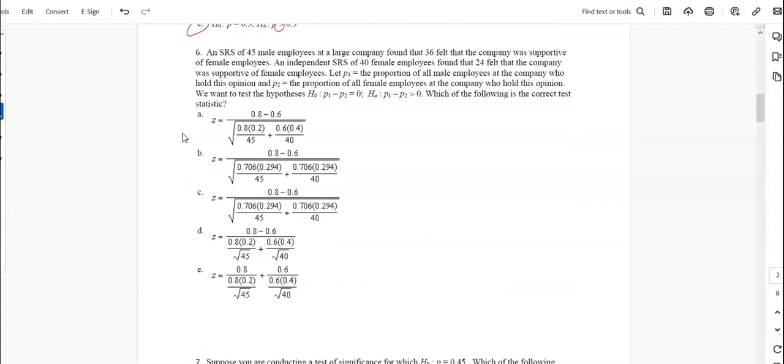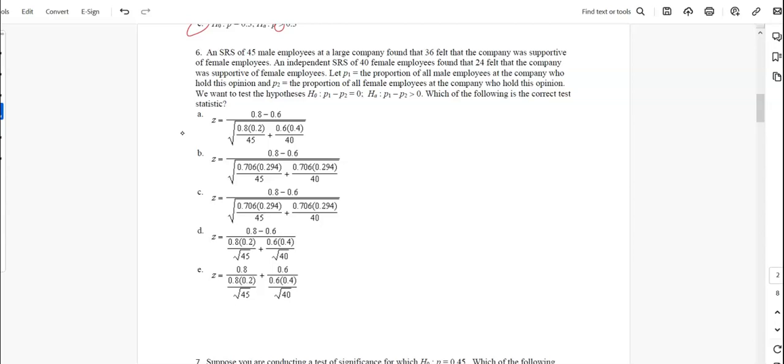Yeah, okay. A simple random sample of 45 male employees at a large company found that 36 felt the company was supportive of female employees. An independent simple random sample of 40 female employees found that 24 said they were supportive of female employees. Okay, so you have the proportions there. P1 is the male and P2 is the female.